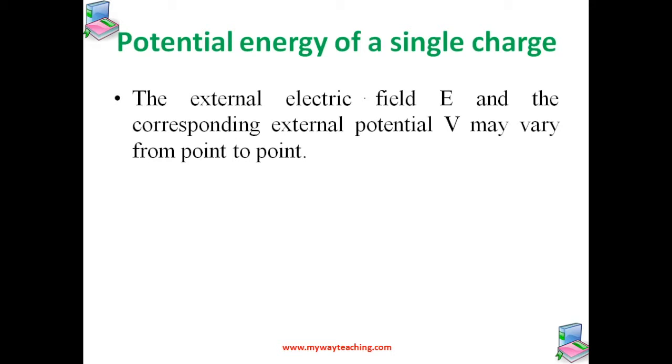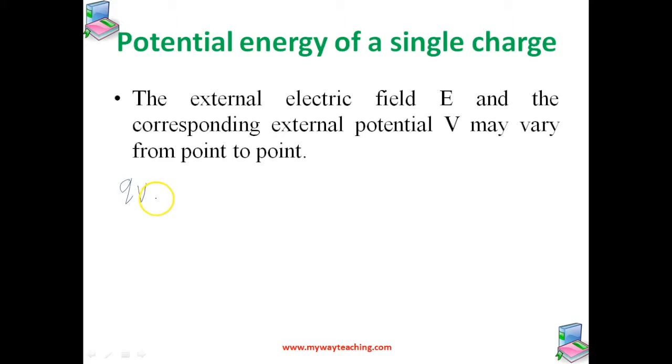Thus, the work done in bringing a charge Q from infinity to the point P in an external field is Q into V. This work done is stored in the form of potential energy of Q.